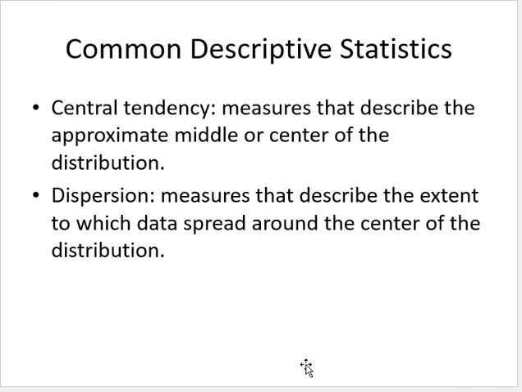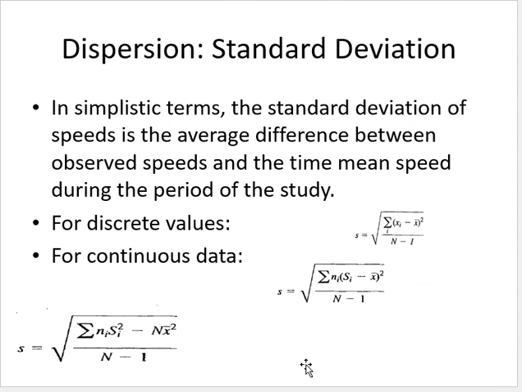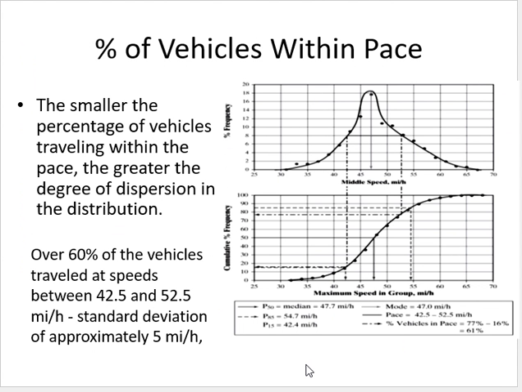So this is one measure of dispersion. The other measure of dispersion is the percentage of vehicles which are in the pace range. Now pace is a range, right? The difference in this range is 10 miles per hour, and this 10 miles per hour was in the center.